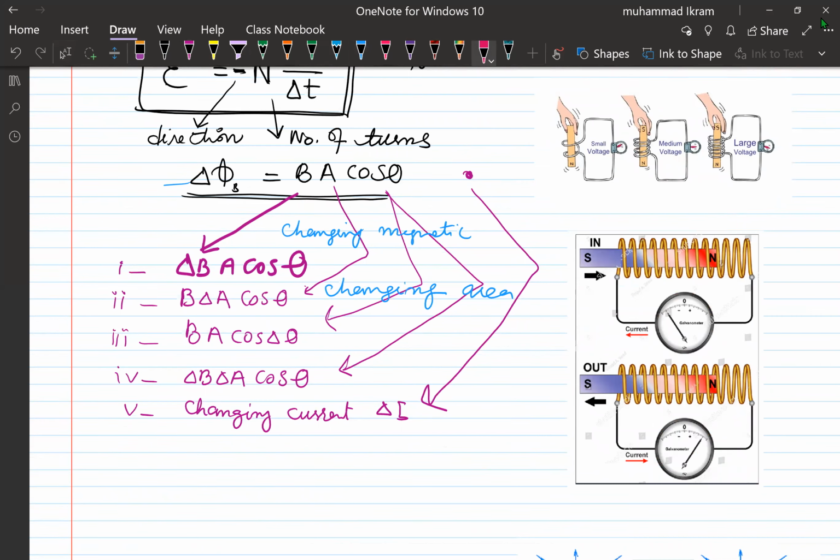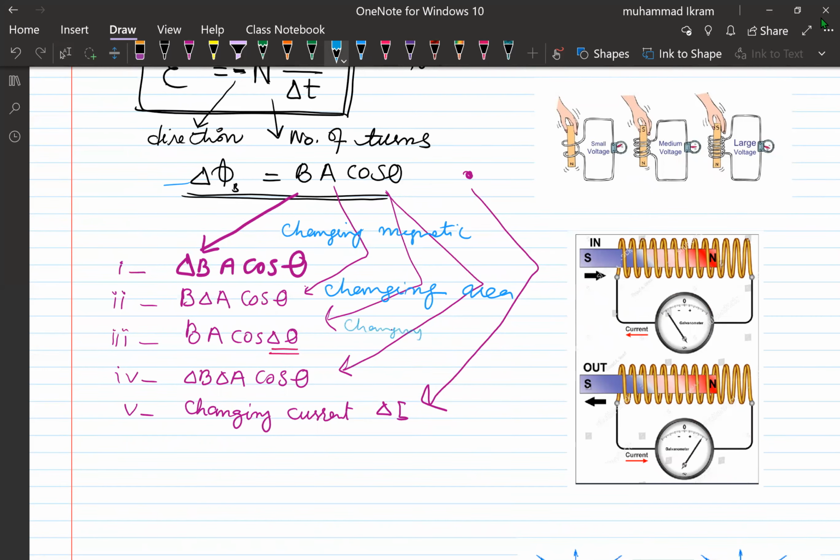Now, if your B is constant, A is constant, but delta theta is changing, it means changing the orientation of the coil or of the magnet.